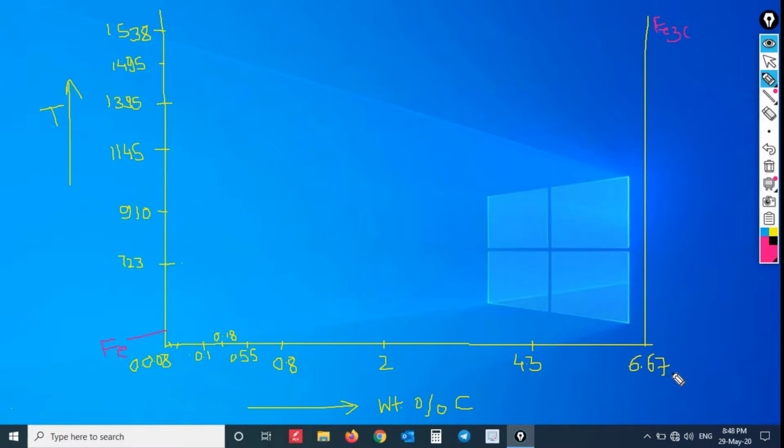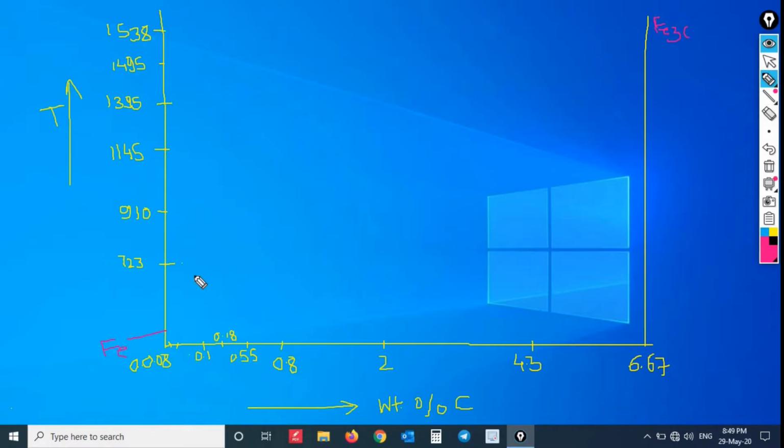The 6.67 percent is the maximum solubility of carbon in iron. So this is Fe3C, meaning only 6.67 percent by weight of carbon can be added into the iron. The maximum solubility of carbon in iron is how much? 6.67 weight percent.